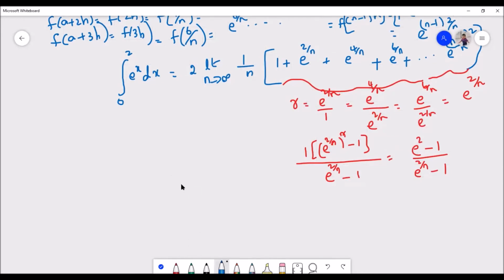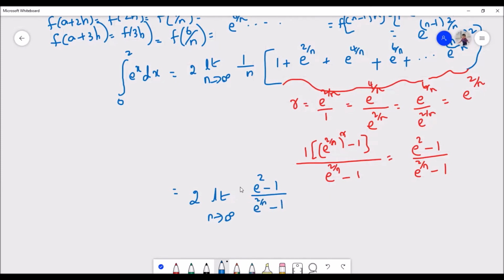So the problem completely will change to 2 times the limit as n approaches infinity of 1 by n, this whole 1 by n is there, times this whole term, e power 2 minus 1 divided by e to the power of 2 by n minus 1.